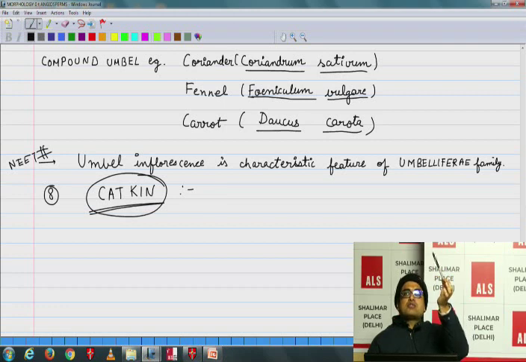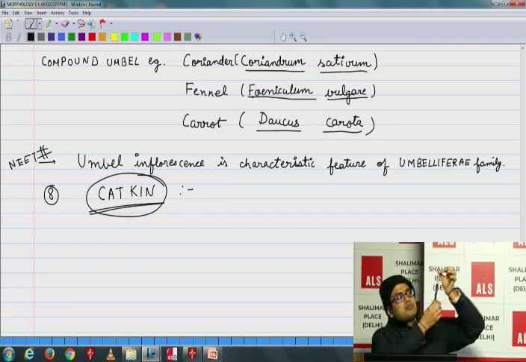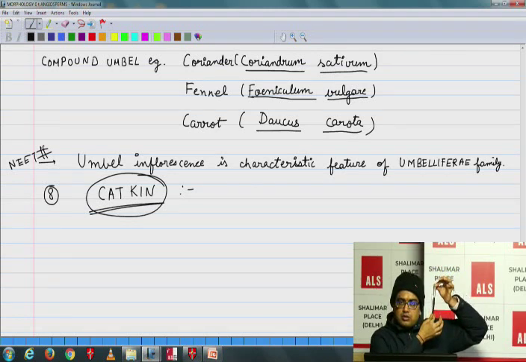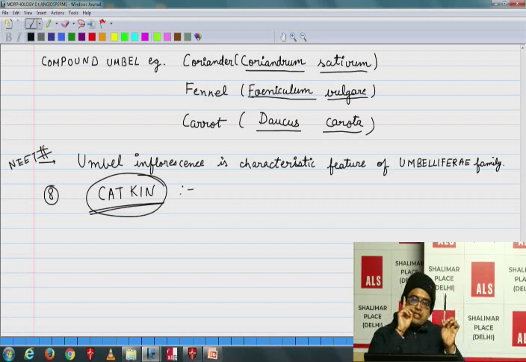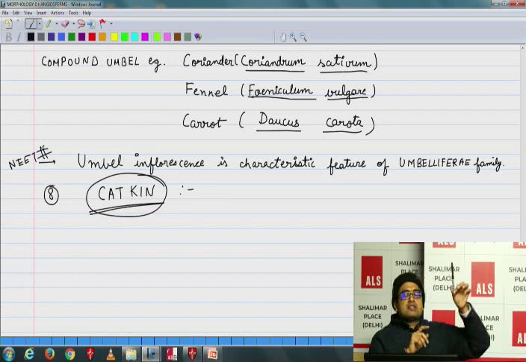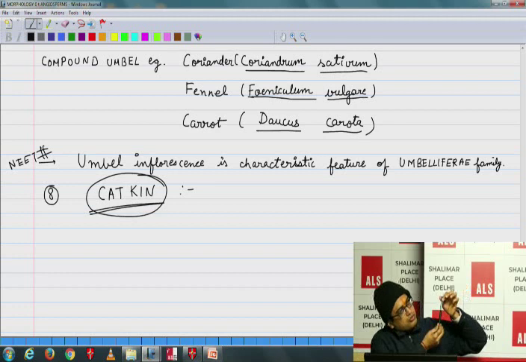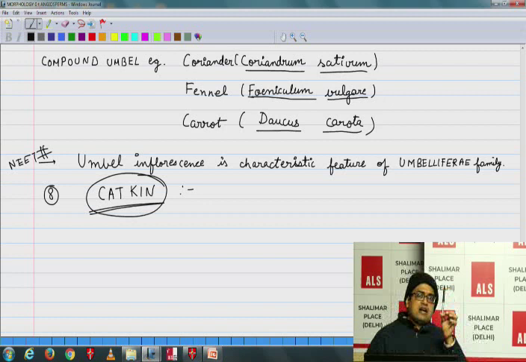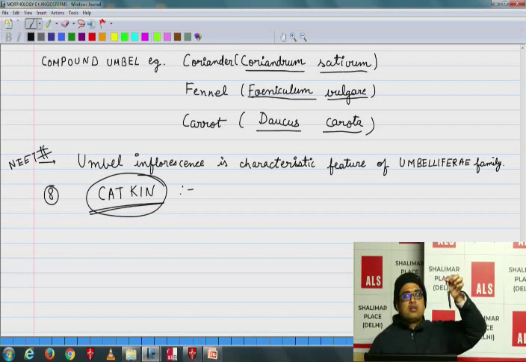The axis will fall down, and the flowers will look as if they are hanging down. So if it was standing erect, it is spike. If it is hanging downwards, it is catkin.